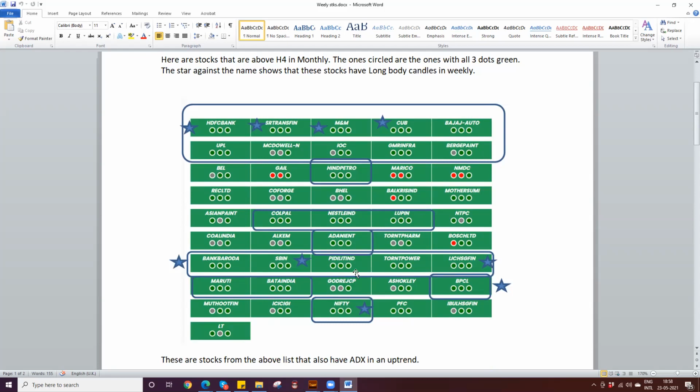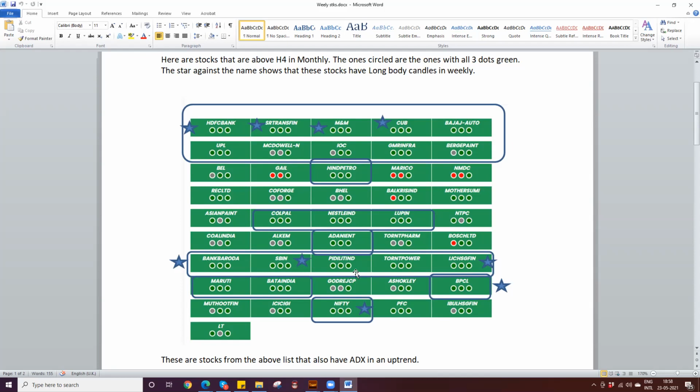And the third thing we are doing is going down to the daily. On the daily, we are doing 3 processes. The 3 processes are, we are going to check the Ichimoku status, we are going to check the ADX, we are going to check RSI, right? So once we do all this, we would have done with our shortlisting part.